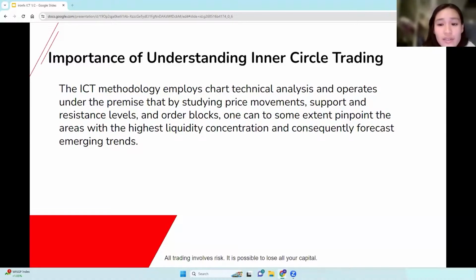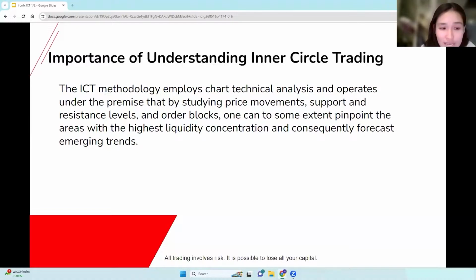So in today's highly volatile and competitive financial markets, having a deep understanding of how the markets operate can give you a significant edge as traders. By mastering the ICT techniques, you can enhance your ability to identify high probability trading opportunities and effectively manage your risk.